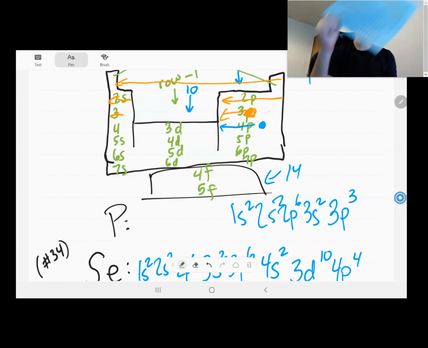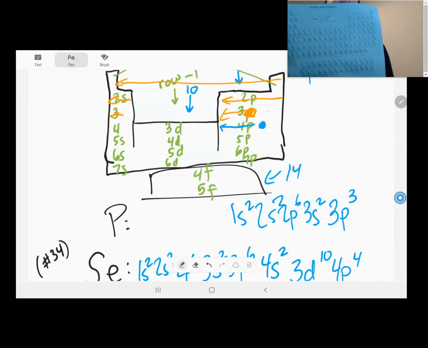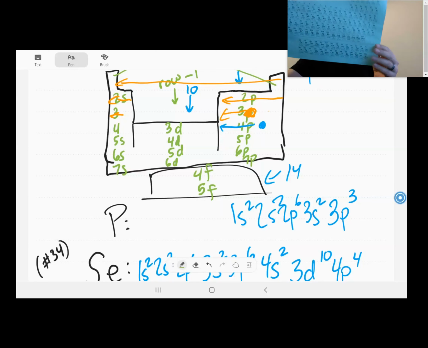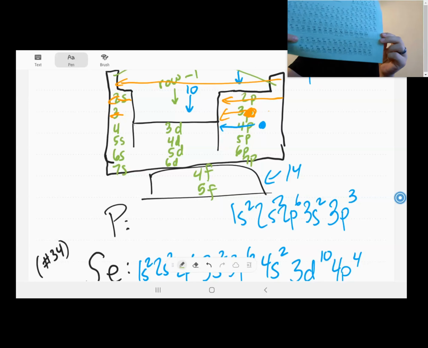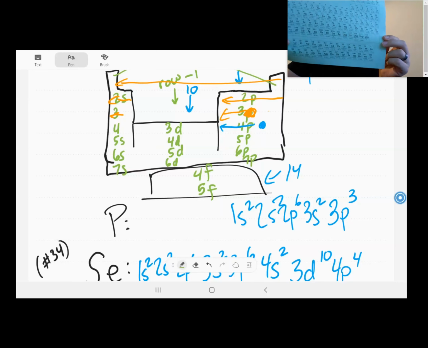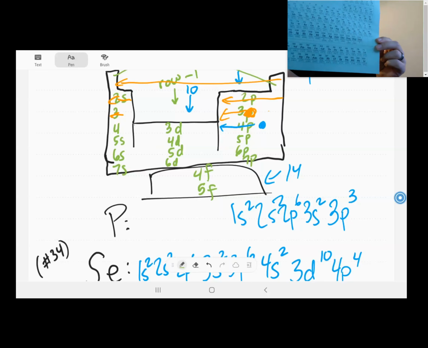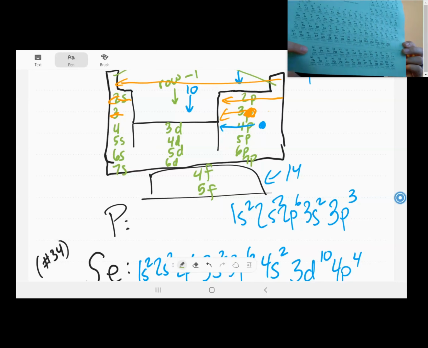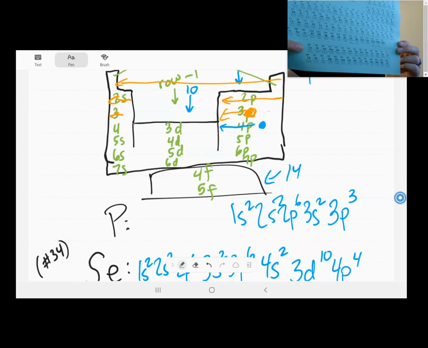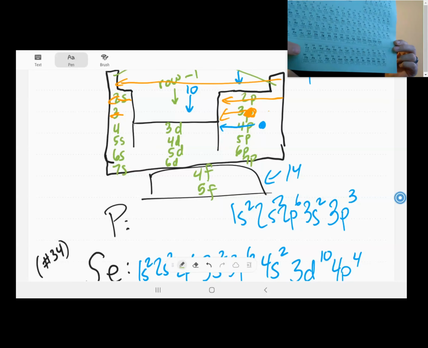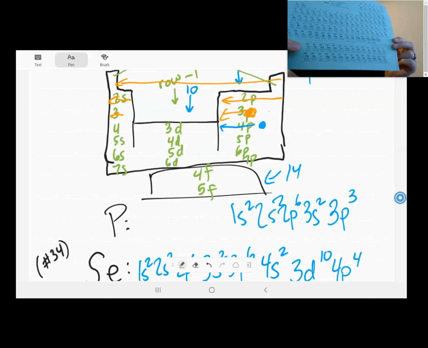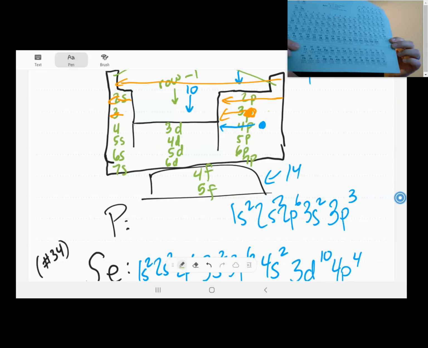If we look at our periodic table, again working backwards, what's the atomic number of the first one in the top row of that f block? Look at your f blocks. Just the atomic number.